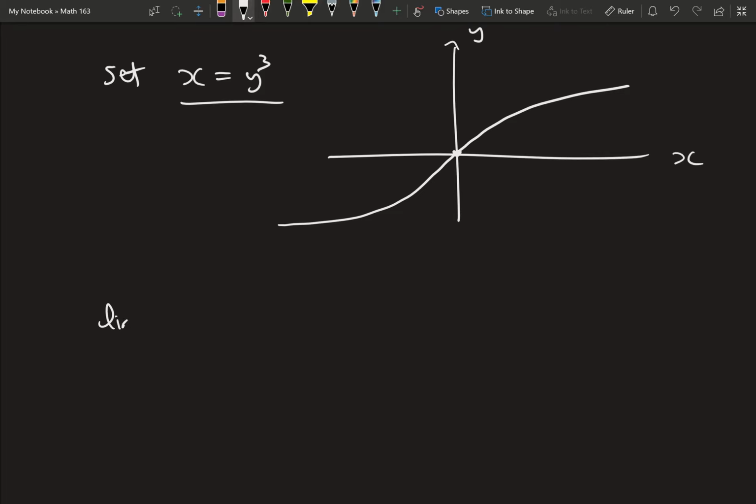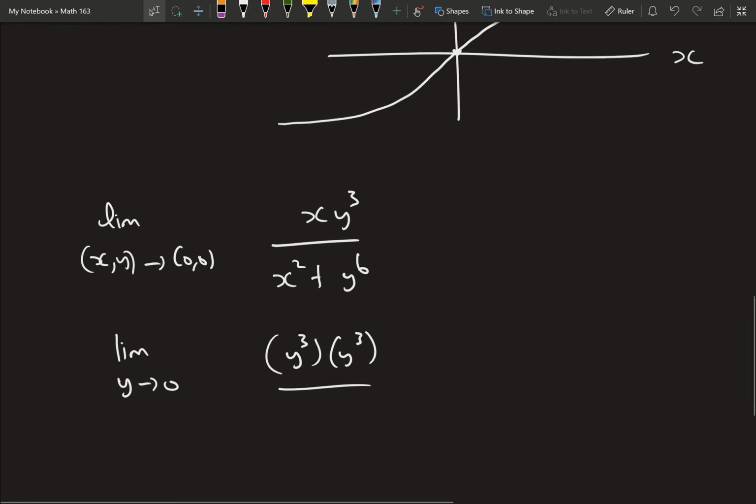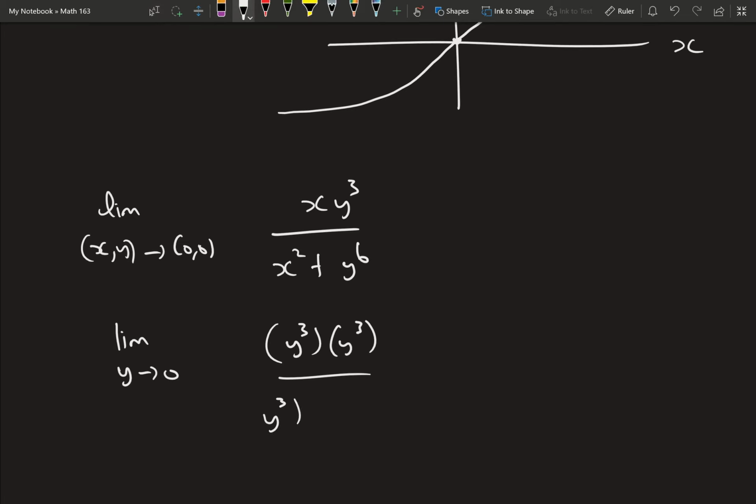So let's start here with the original limit as xy goes to 0, 0 of xy cubed over x squared plus y to the 6th. If we put x equal to y cubed, we're going to have the limit as y goes to 0 of y cubed times y cubed divided by y cubed squared plus y to the 6th.